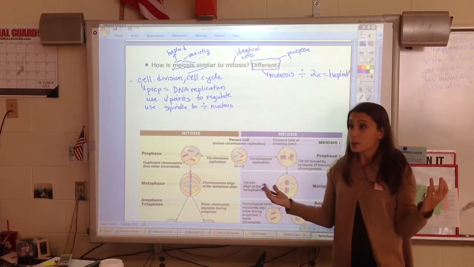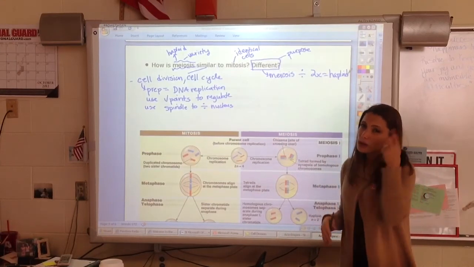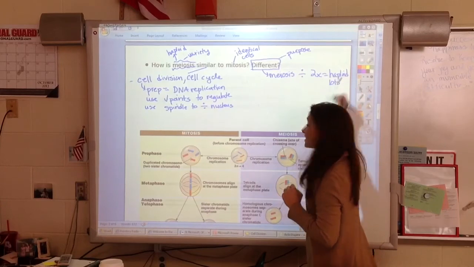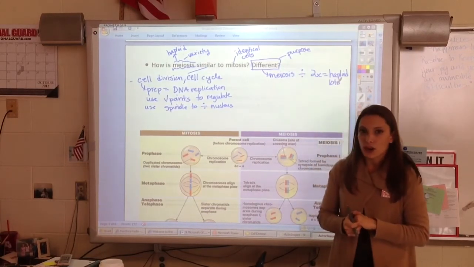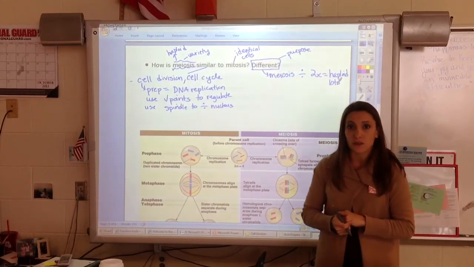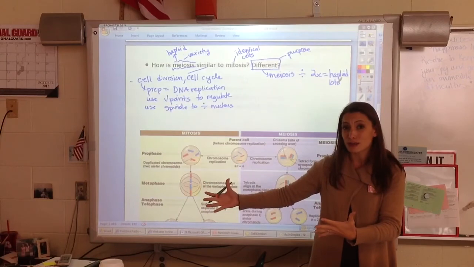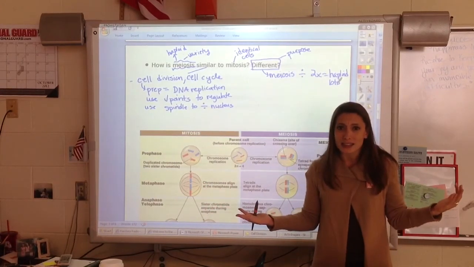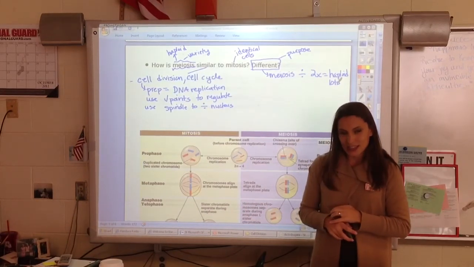Now we could create haploid cells by just taking a cell and dividing it once, but that would only make 2 cells at a time. And we actually want lots of haploid cells, especially if you look at other organisms and how they reproduce. For example, amphibians are going to leave their eggs out in the water. They use external fertilization because you're not always going to run into a mate at that moment.